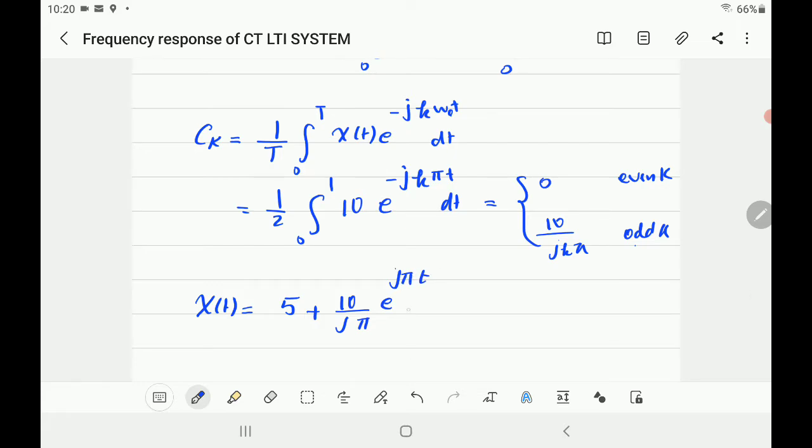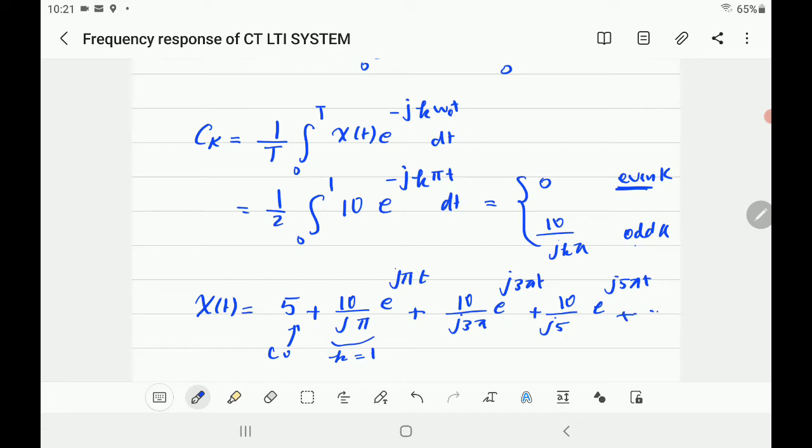Now for the second, k equal 2 is even and equals 0, so you don't take it. This is for k equal 1, and that's for k equal 0, c naught. Then you go for k equal 3: 10 over j 3 pi e to the power of j 3 pi t. If you want to continue, you have 10 over j 5 pi, e to the j 5 pi t, and so on. So you used Fourier series to express the input as a series of harmonics.